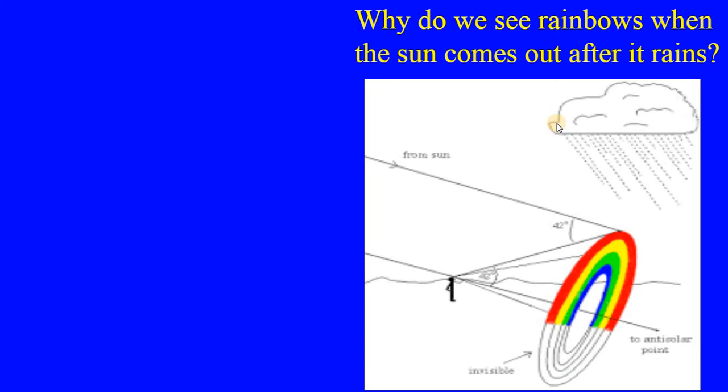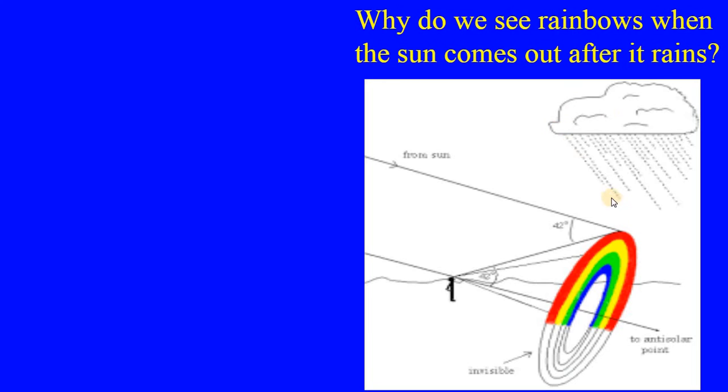Well, just like the prism was the object that separated the light, when it rains, the water droplets become like a prism. These two things have to happen. It has to have rained, and then the sun comes out. That's when the rainbows come out.